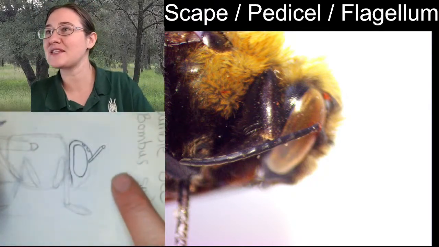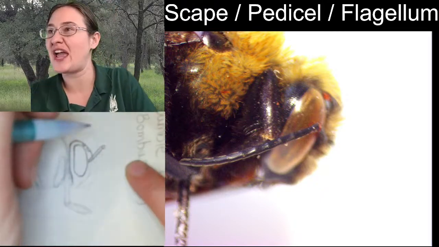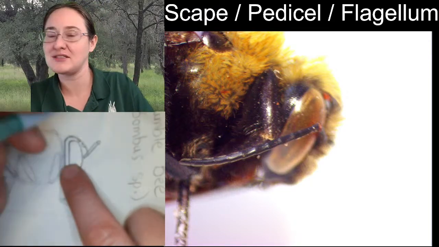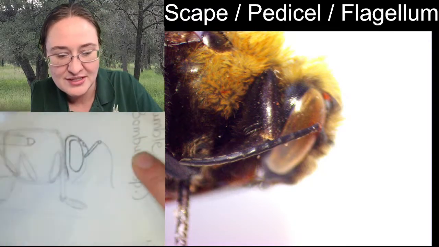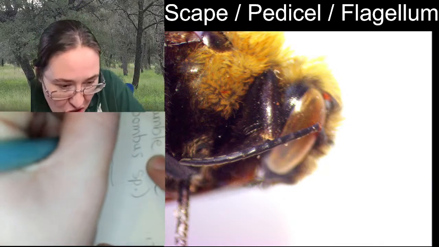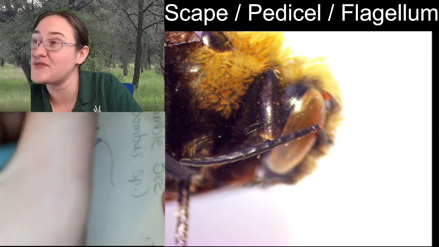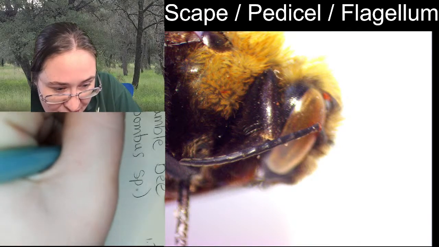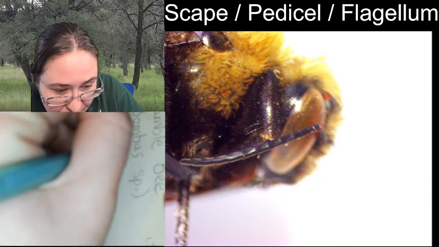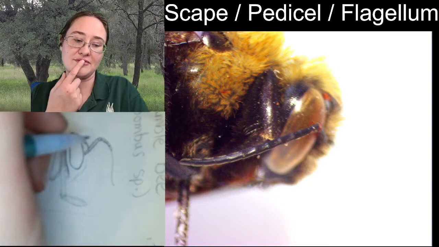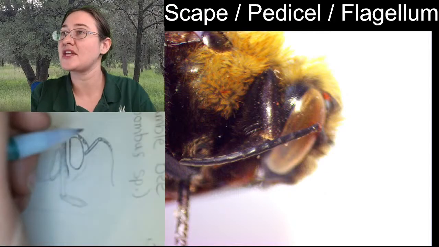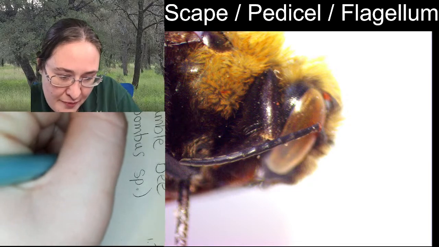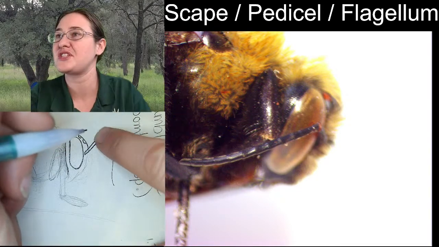Sometimes it takes a minute to count. So we've got 1, 2, and we're going to add 12 more segments. What you can do is estimate the length of the rest of the antenna, and then divide that into 12 segments. There's not a lot of distinction between the individual segments, so you don't have to make them too distinct from one another.